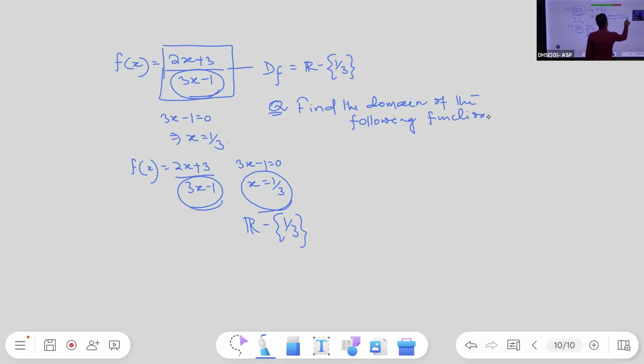Find the domain of the following functions.